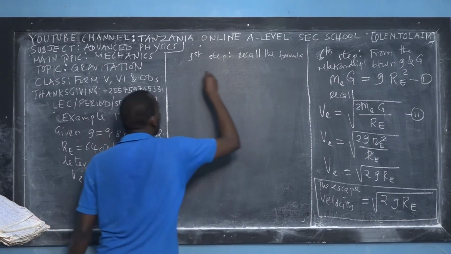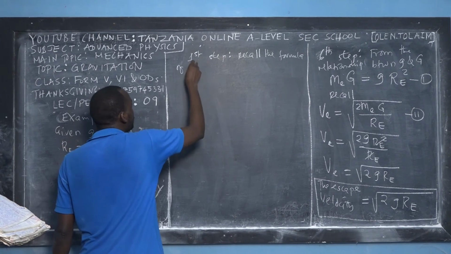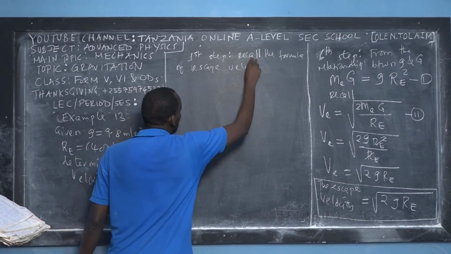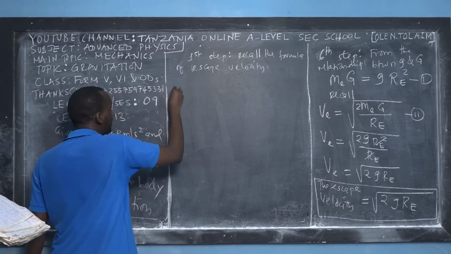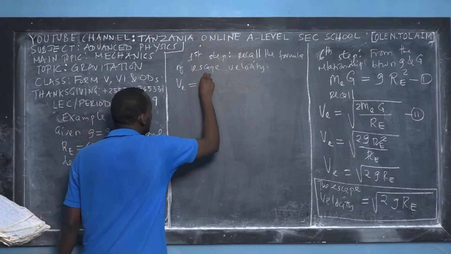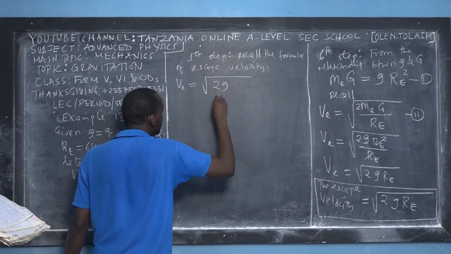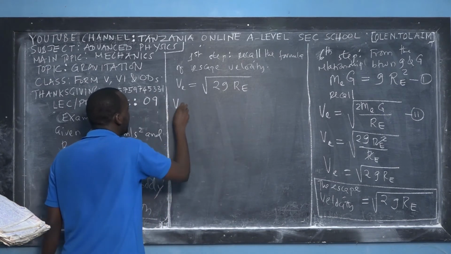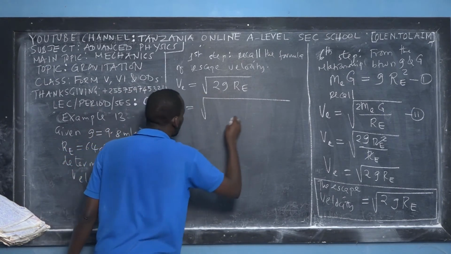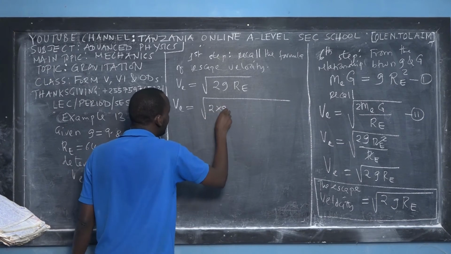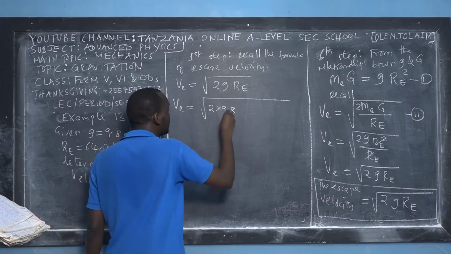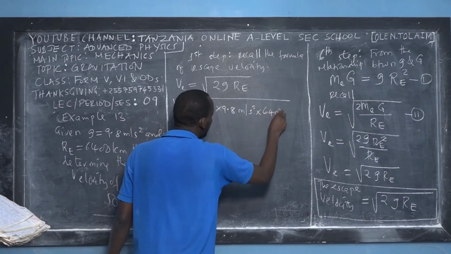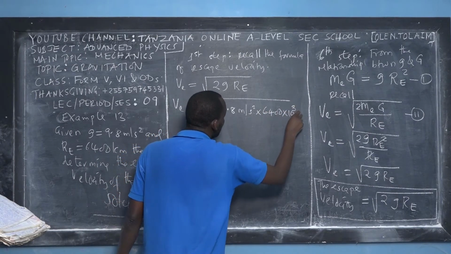The simplest and famous formula for escape velocity states that the escape velocity is equal to the square root of twice G times the radius of the S. So escape velocity is equal to the square root of twice times 9.8 meters per second squared times the radius of the S, which is 6.4 times 10 to the power 3, in meters.